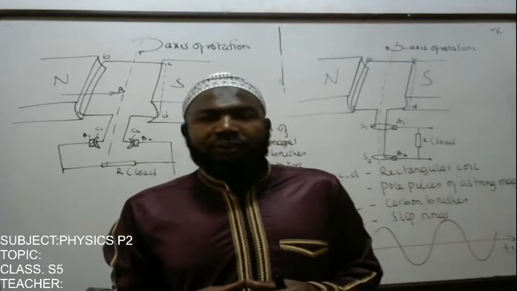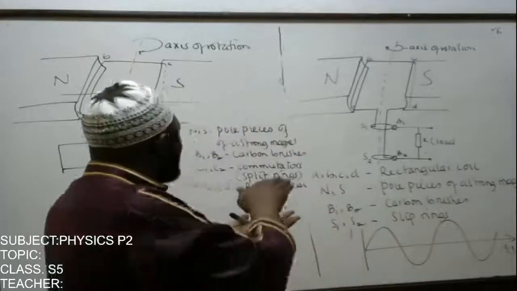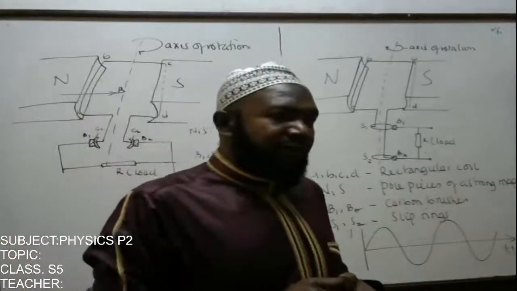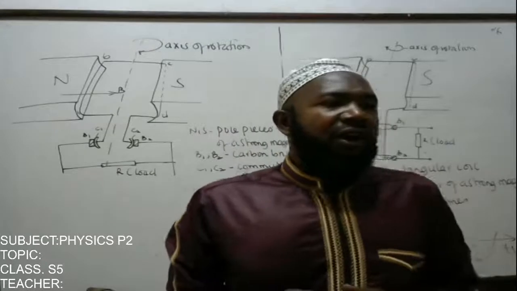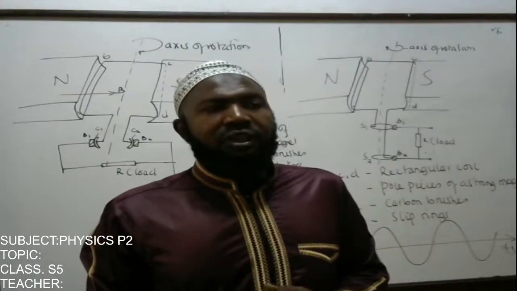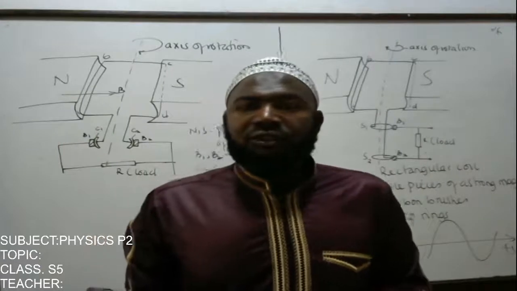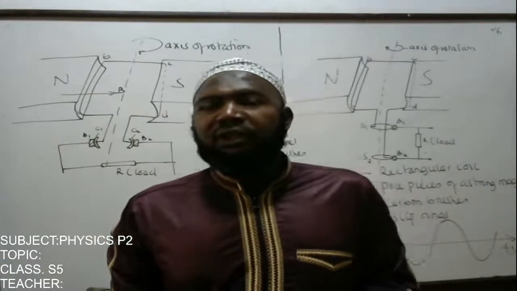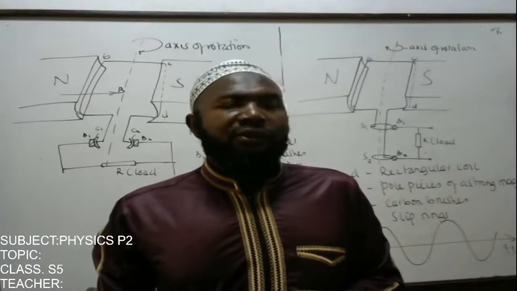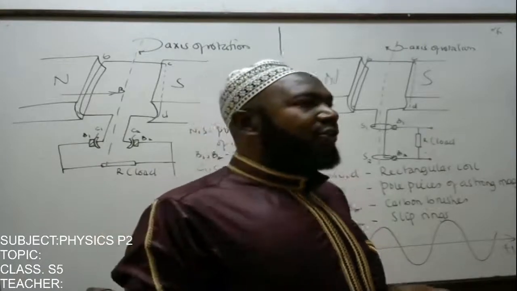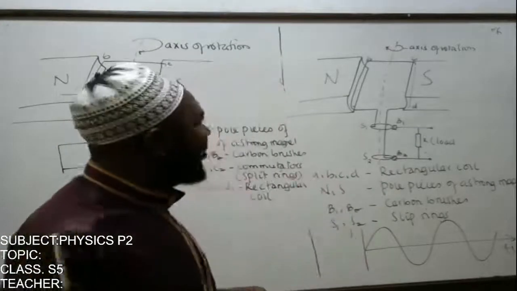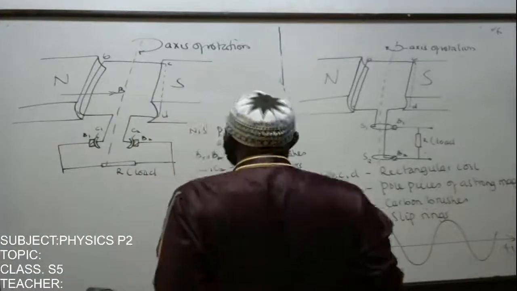When the coil is in the vertical position, as it is going to be illustrated in the video, the induced EMF is 0. Why are we saying that the induced EMF is 0? It is because the normal is going to be parallel to the field. And remember, our angle of interest is the angle the field makes with the normal.